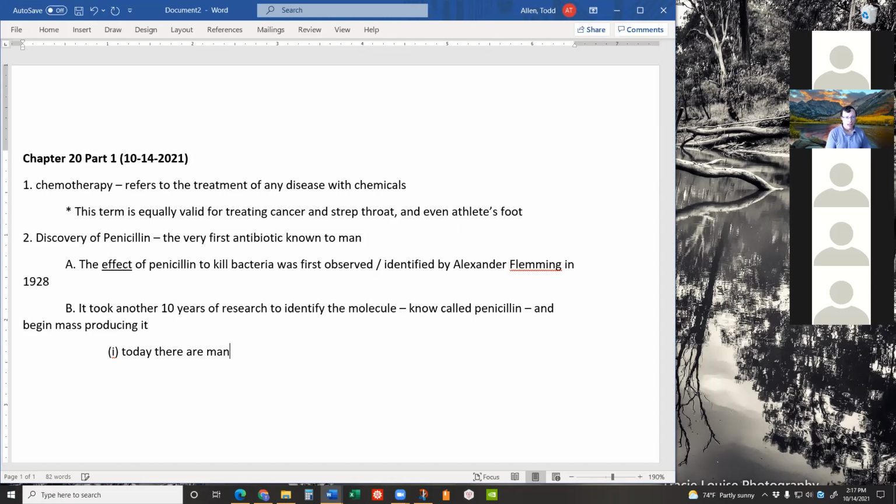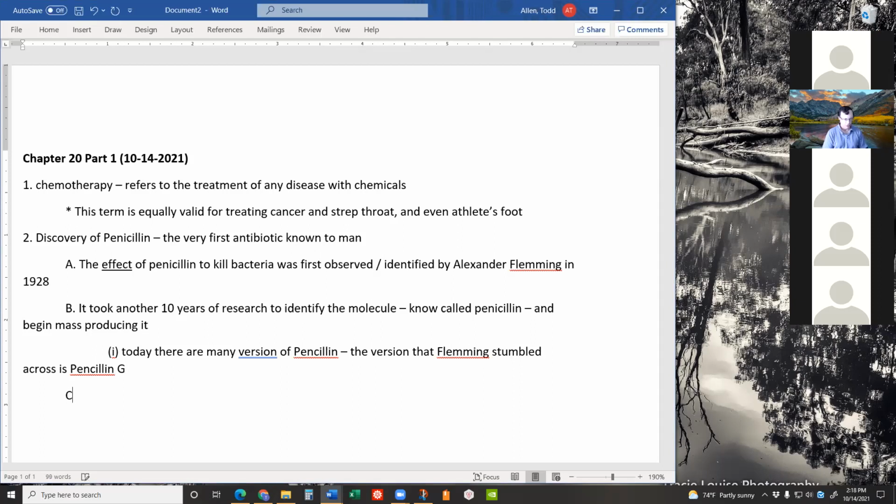Today there are many versions of penicillin. The version that Fleming stumbled across is penicillin G. And notice how your textbook labels this drug. It labels it a natural penicillin.